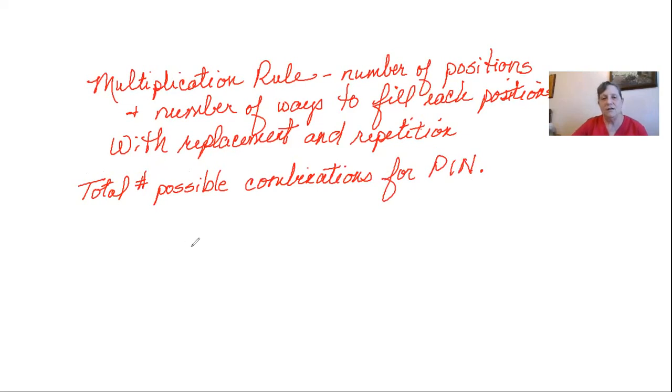You know, a pin on your debit card would normally have 4 numbers. Each of these numbers could be anything from 0 through 9. So there's 10 possibilities per position.